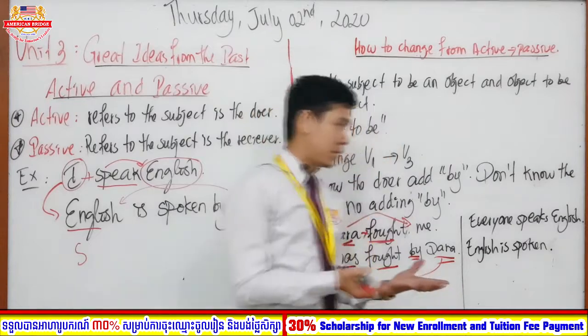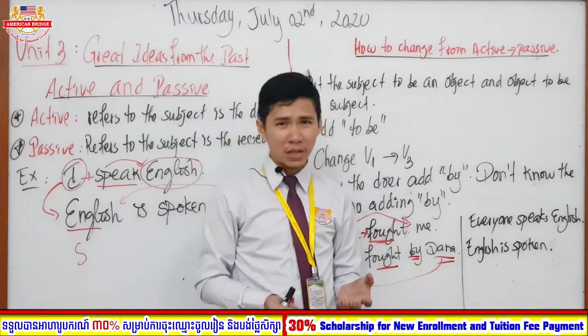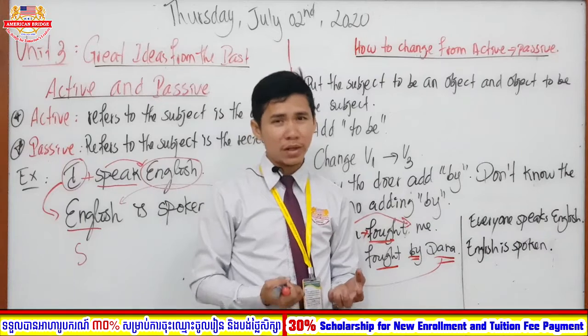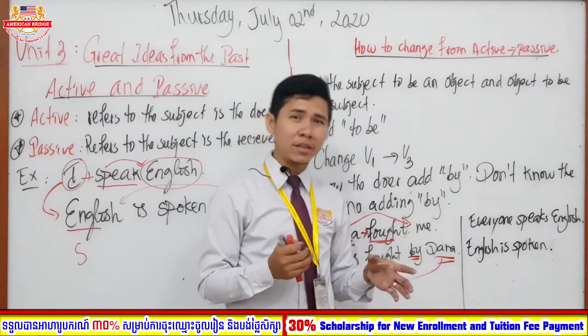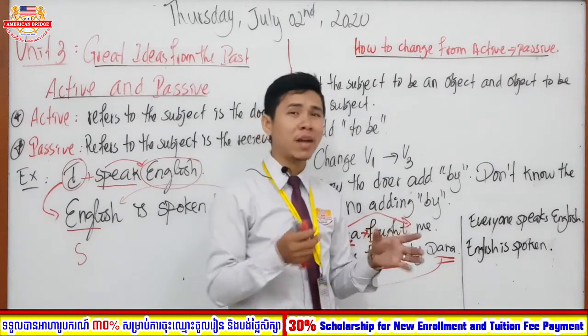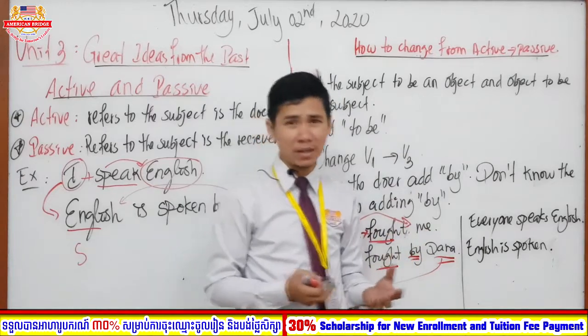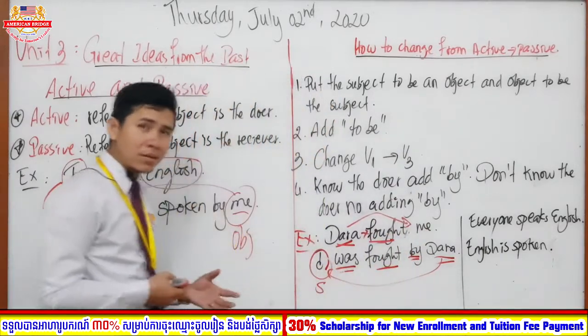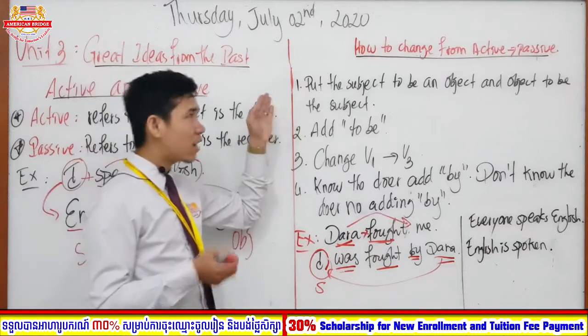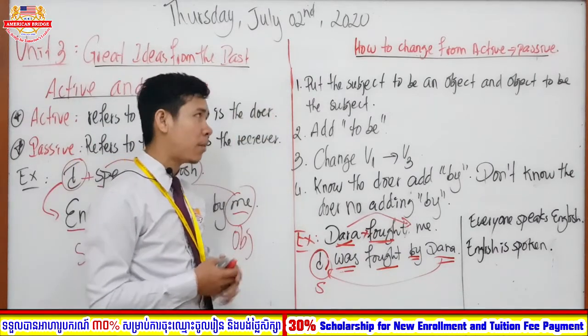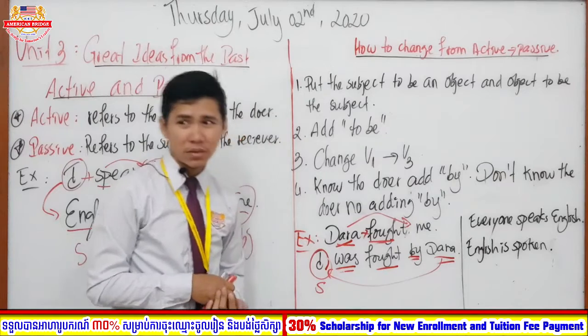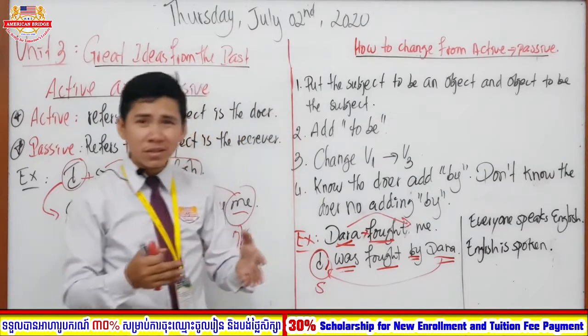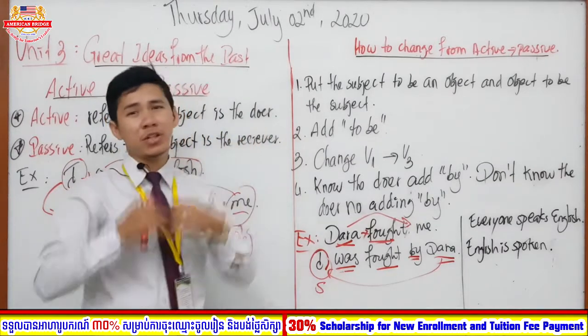So in this case, A1, do you have any question? Right, it might be a little complicated, but if you think deeply and understand each point, it will be easy. Okay, the most important thing is that you have to remember and understand the way of changing from active to passive sentence. If you remember, you understand, you know it clearly, I believe that you can do it well.